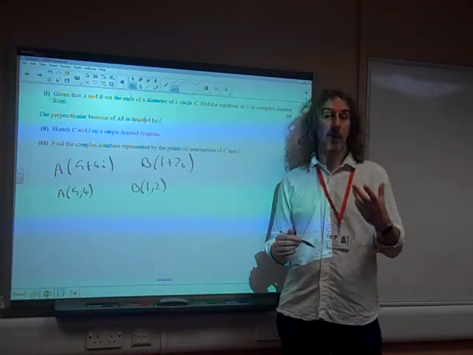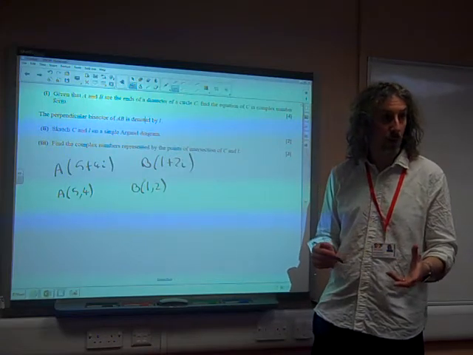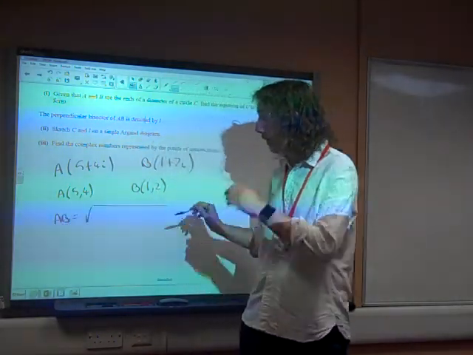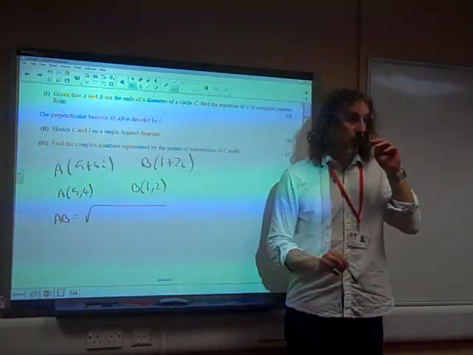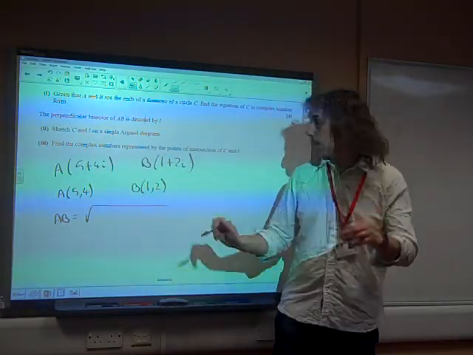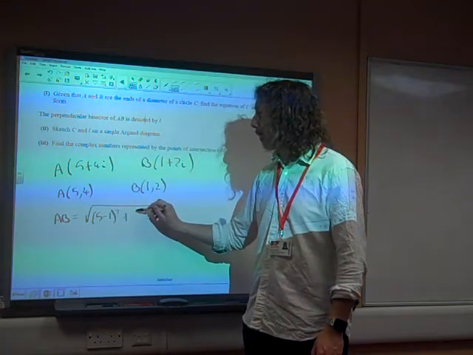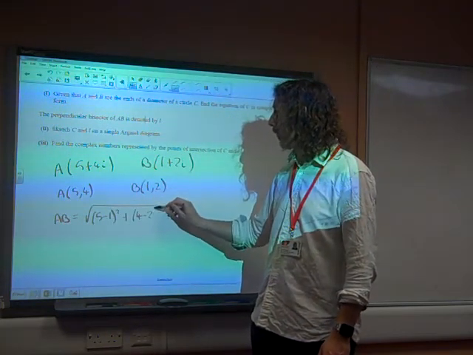So if we were finding the centre and radius of the circle, we'd need to find the length of AB. This is just Core 1 stuff. The length of AB is the square root of (x2 minus x1) squared plus (y2 minus y1) squared.